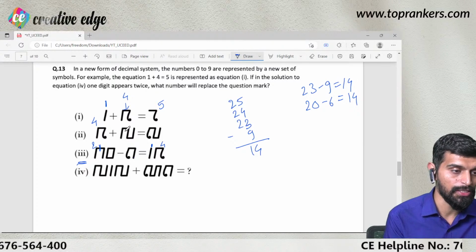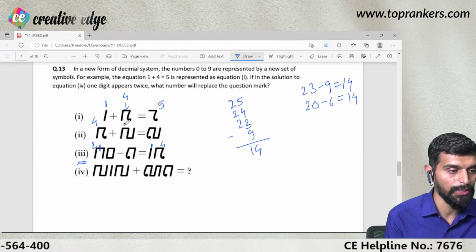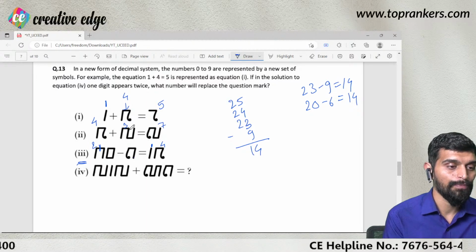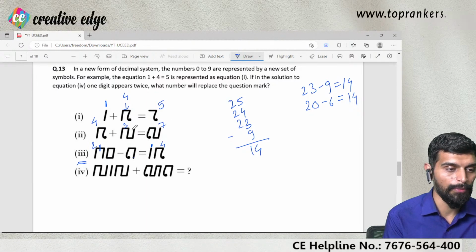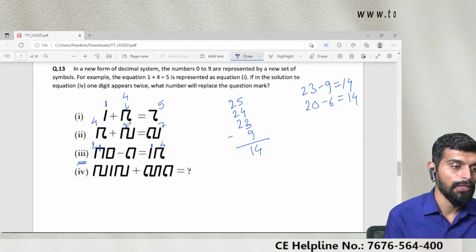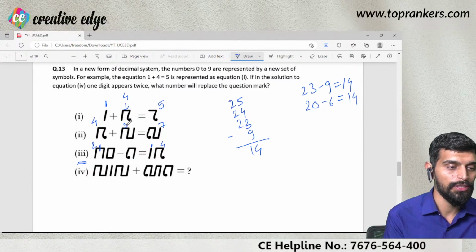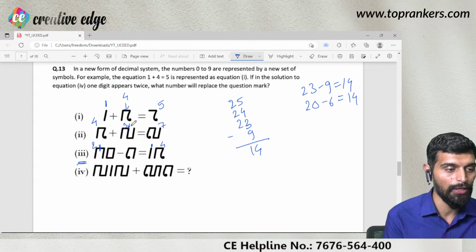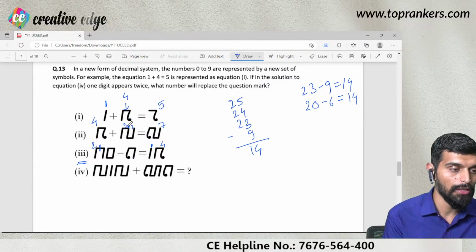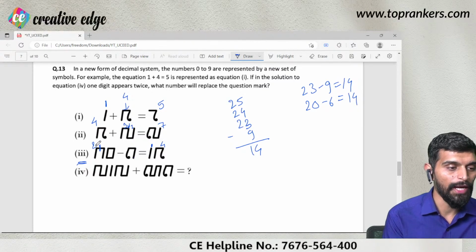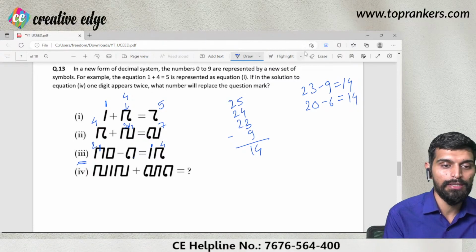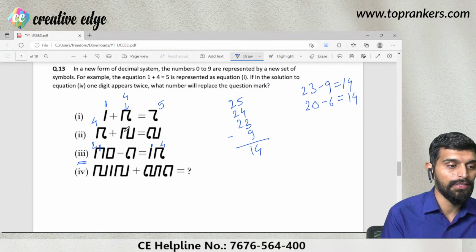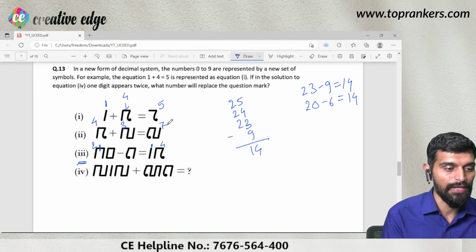This could be either 3 or 2. If it is 3, this number is 7, right? It cannot be 4, so this cannot be 8. This cannot be 5 as well, so this cannot be 1 as well. So this number can be either 3 or 2. If this is 2, I cannot have this number as 2, so this number must be 3, right? So definitely this one is 3 and this one is 7.